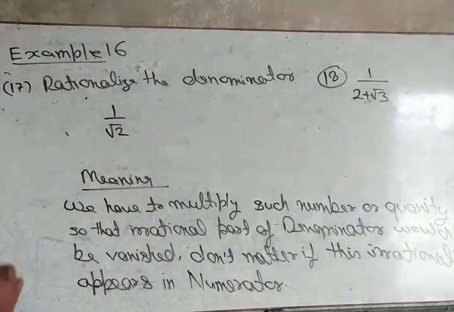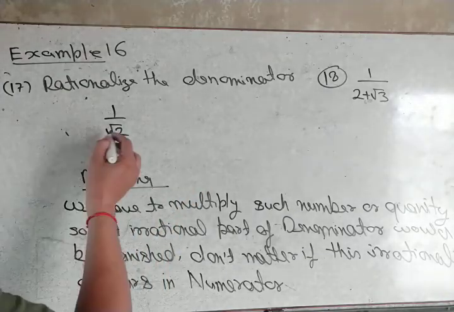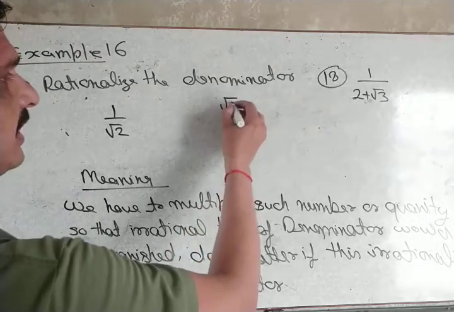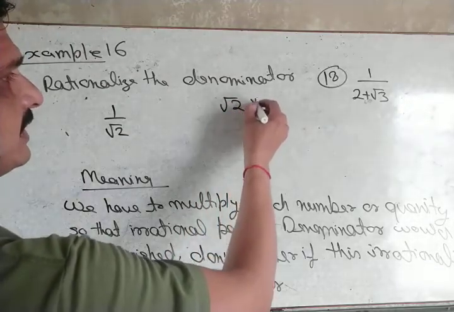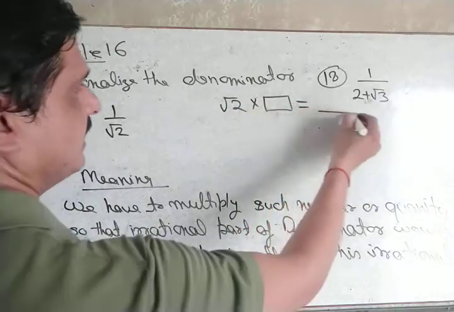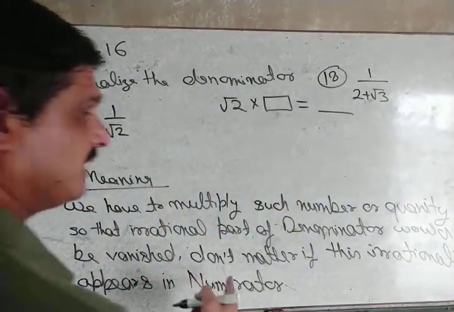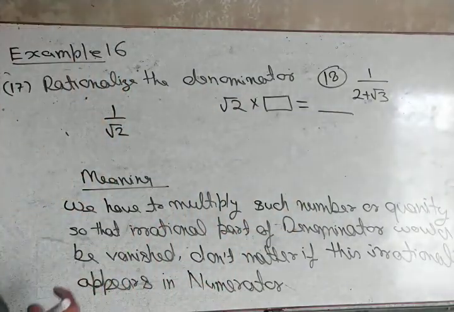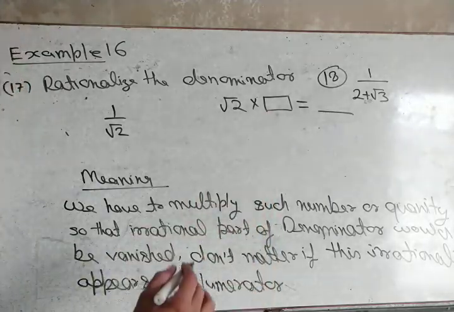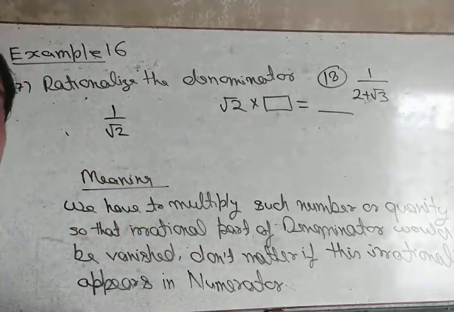So here the denominator contains root 2. The question is this: we have to rationalize this, and the denominator contains root 2. So we multiply root 2 by such a quantity that its irrationality disappears, and we have to multiply by the minimum. So what does it mean? You have to think by your mind.